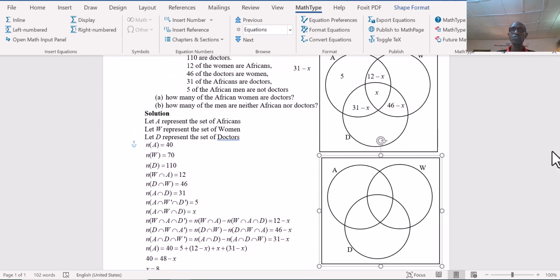Now I've known the values of what I'm looking for, so I need to just put this second and then change everything. Our x is 8, so we can be putting these values in the right place. So this place is 8.